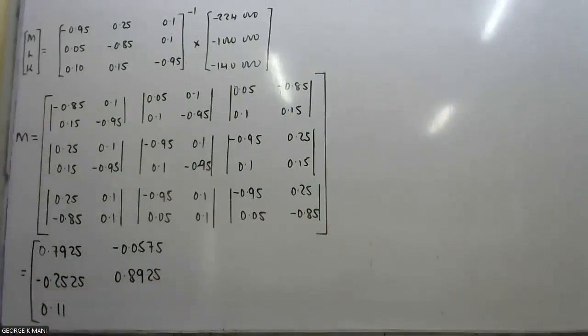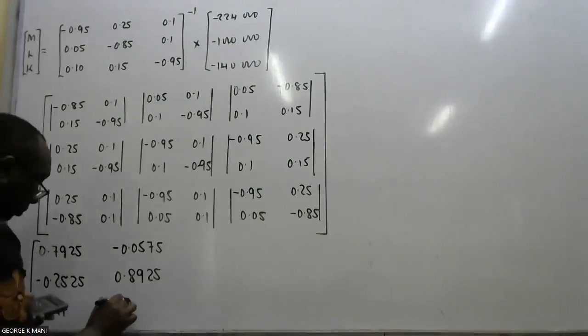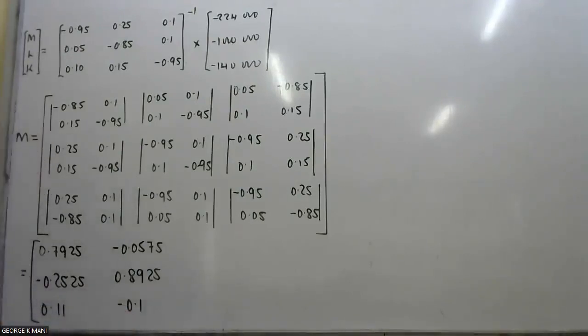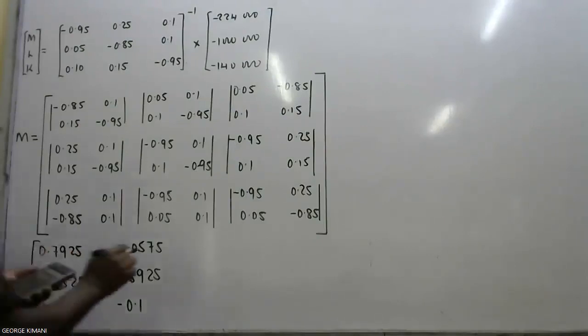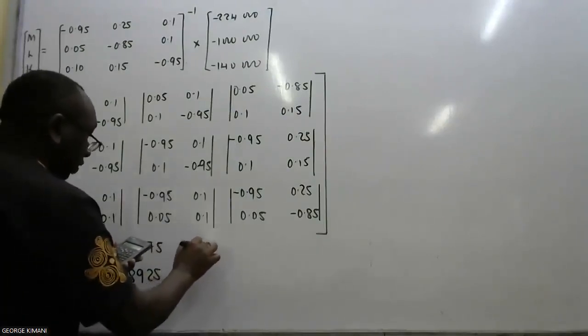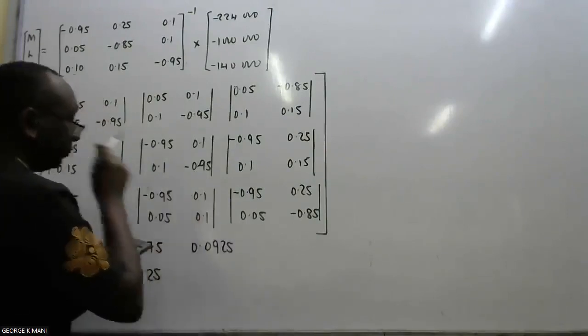Minus 0.95 times 0.1 minus 0.05 times 0.1, minus 0.1. 0.05 times 0.15 minus 0.1 times minus 0.85, getting 0.0925.